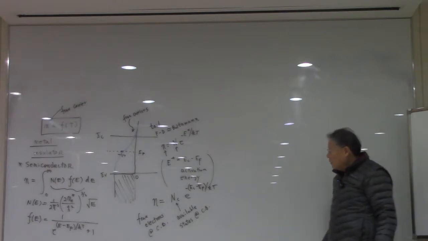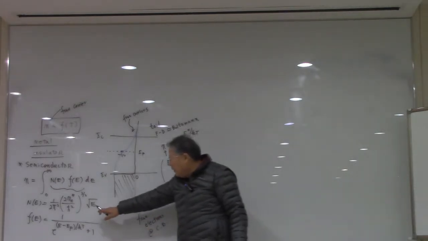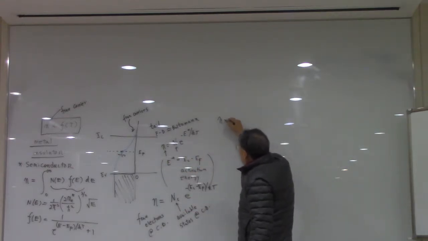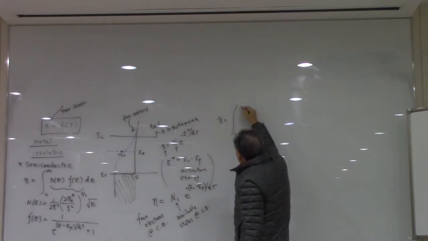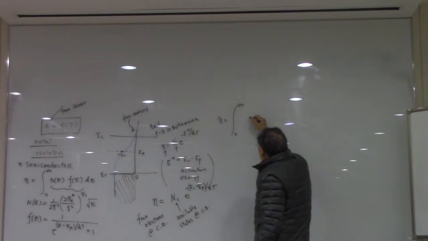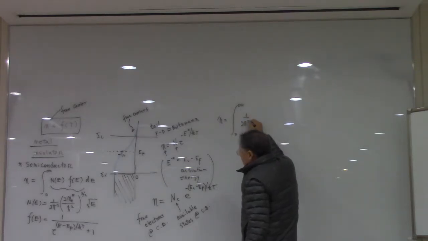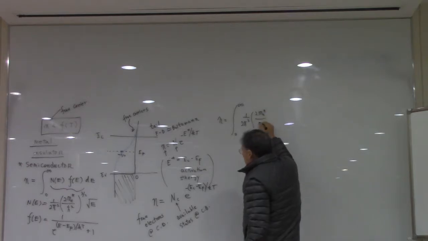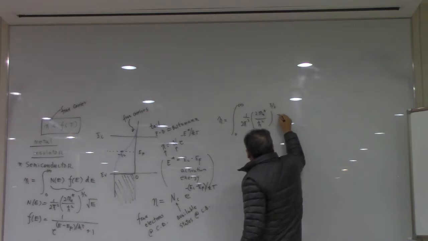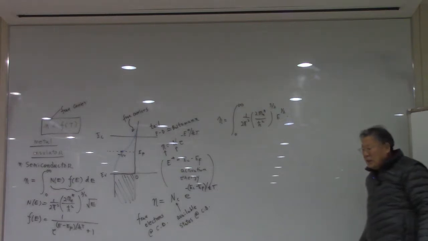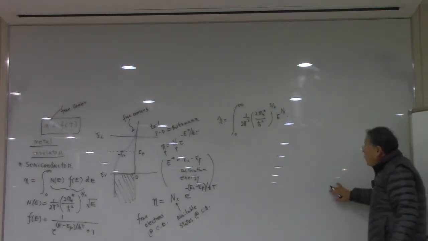Now let's see what's going to happen if you have N(E) and f(E) just like that. Then n is going to be the integration of 1 over 2 pi squared times (2 m_e* over h-bar squared) to the 3/2 times E to the 1/2. That is the density of states.